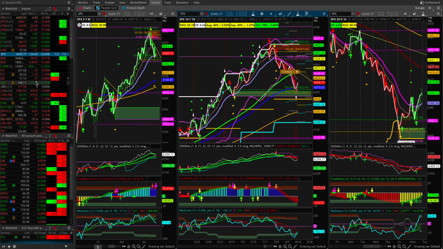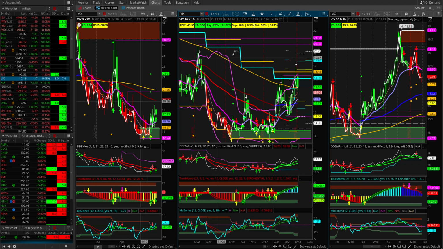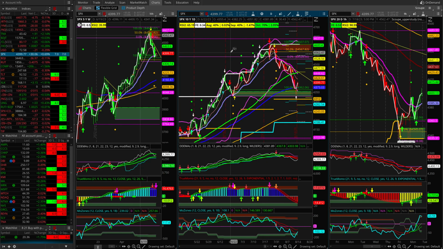I'll pull up the VIX. In the Bollinger Bands, the VIX goes outside and then comes back in. We actually got that bounce on Friday. So the follow through today to the downside on the VIX helps, though it might be a one-day wonder on the S&P.